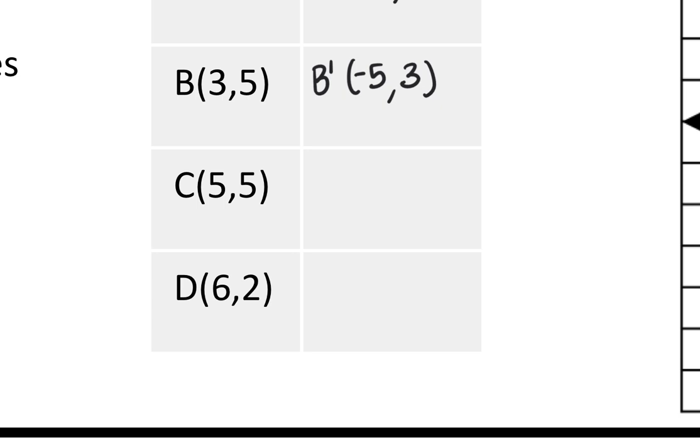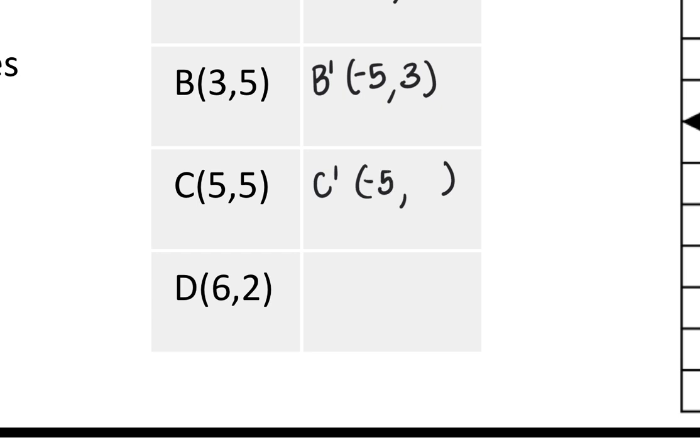All right, what about C? 5, 5. I need my C prime. Let's leave a space there for X and Y. All right, so this time it's a little more weird just because I'm using the same number for X and Y, but you're still doing the same thing, essentially swapping it. And the original Y is going to have that change of sign. So this is how it should look.